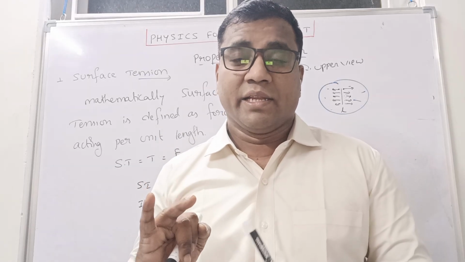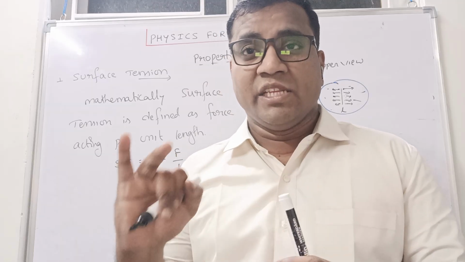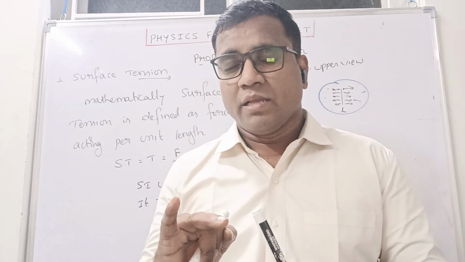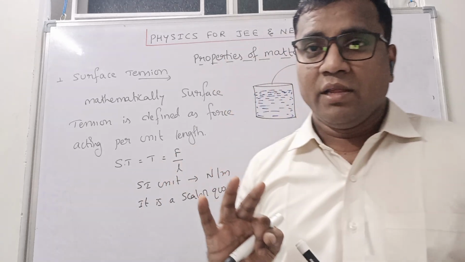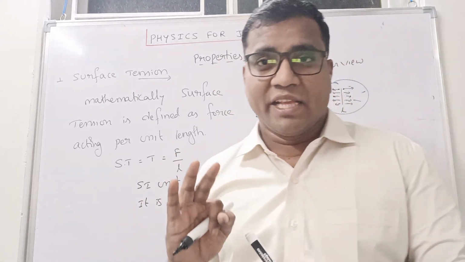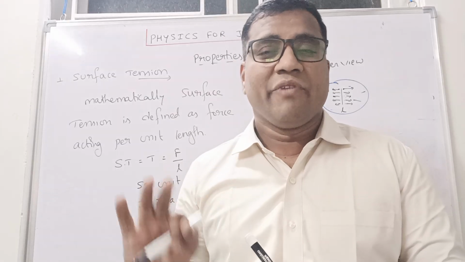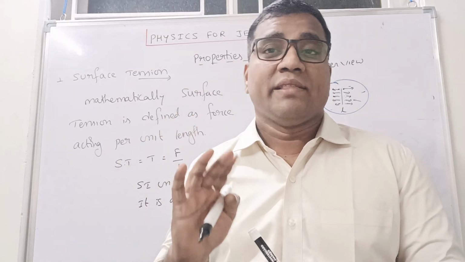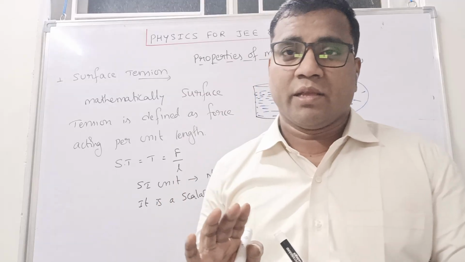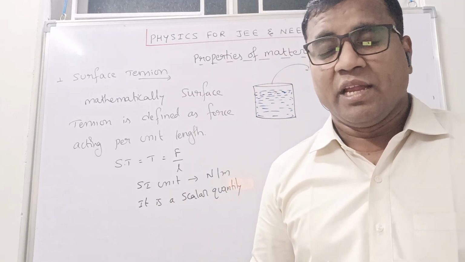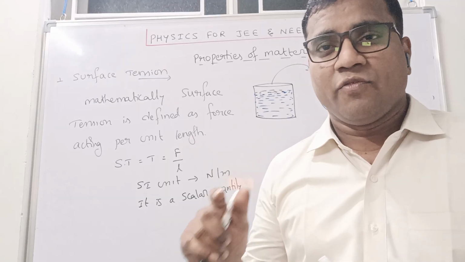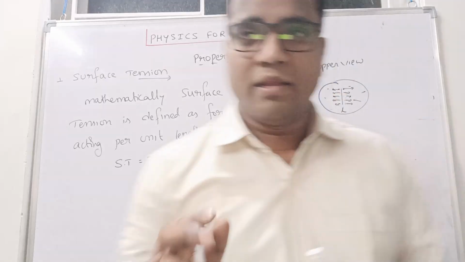Second, it always acts tangential to the liquid surface. And third, it depends only on the nature of the liquid, or we can say on the intermolecular force of the liquid. It does not depend upon any object or any mass. Clear? Now see here.